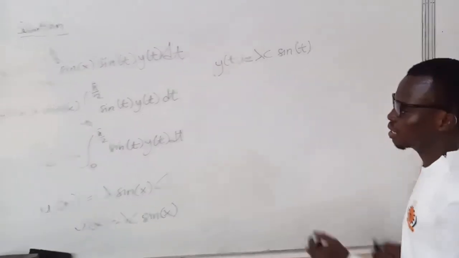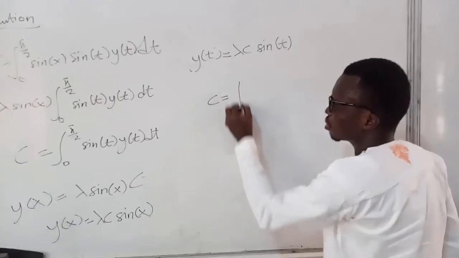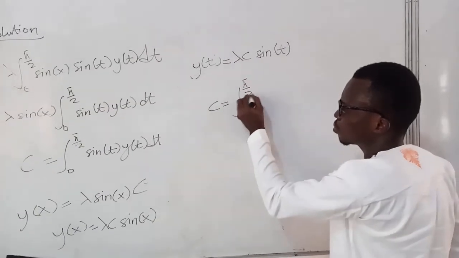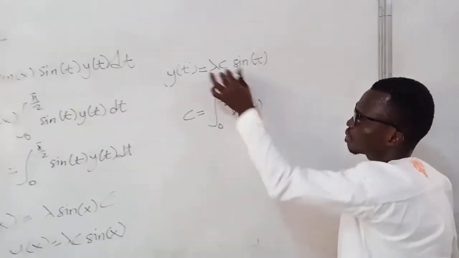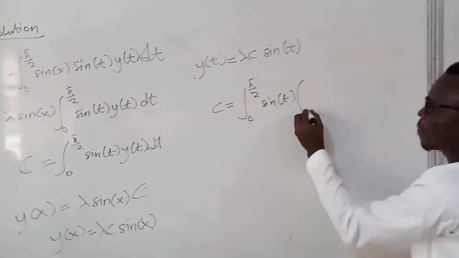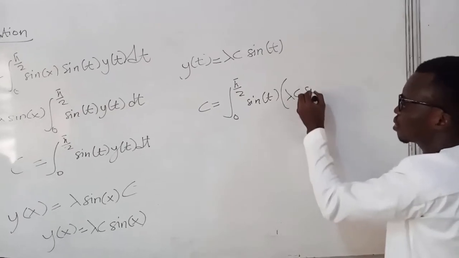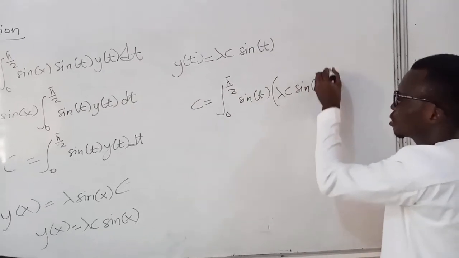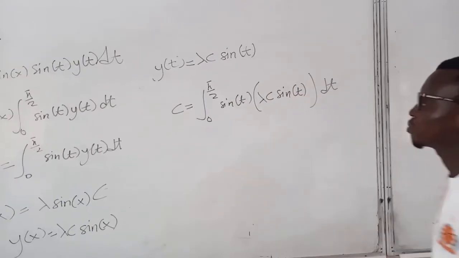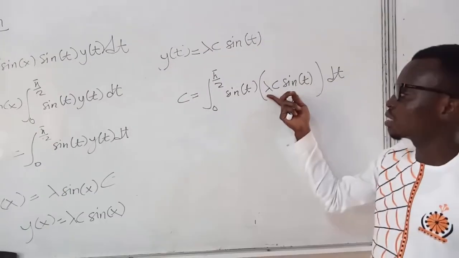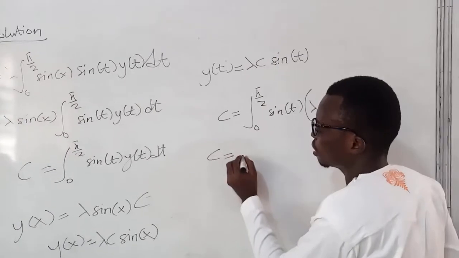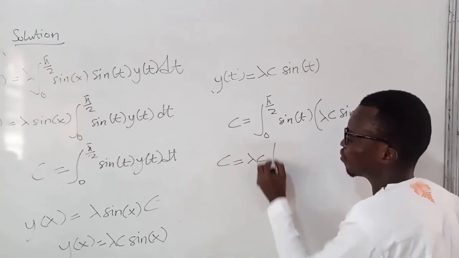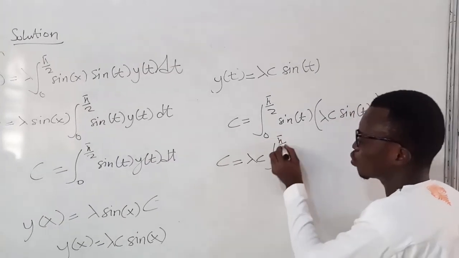So our c becomes equal to the integral from 0 to pi on 2, then sine t, then this whole term lambda c sine t, then dt. This lambda c is a constant, can easily bring it out. So I'm going to have c equal to lambda c times the integral from 0 to pi on 2.